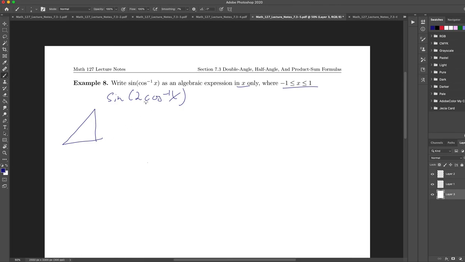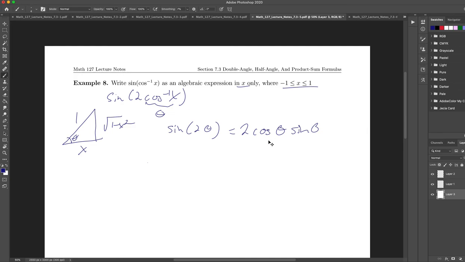So let's assume the inverse cosine of x is equal to theta. That's what we did all last time, so let's put in a theta here. Cosine is adjacent over hypotenuse, and so this opposite side will just be the square root of 1 minus x squared. So if I had a 2 here, it would be sine of 2 theta, which is equal to 2 cosine theta sine theta.